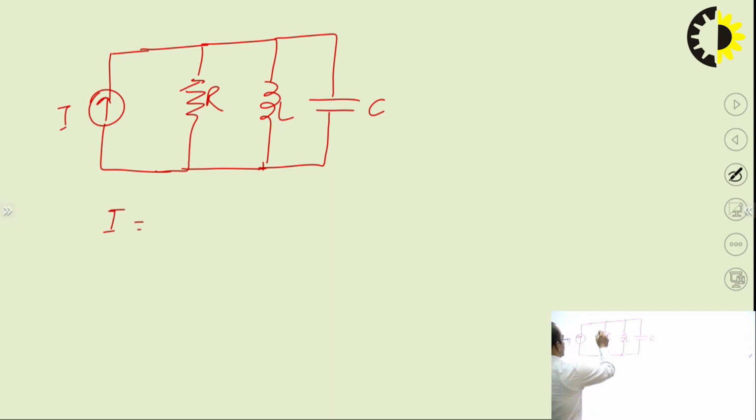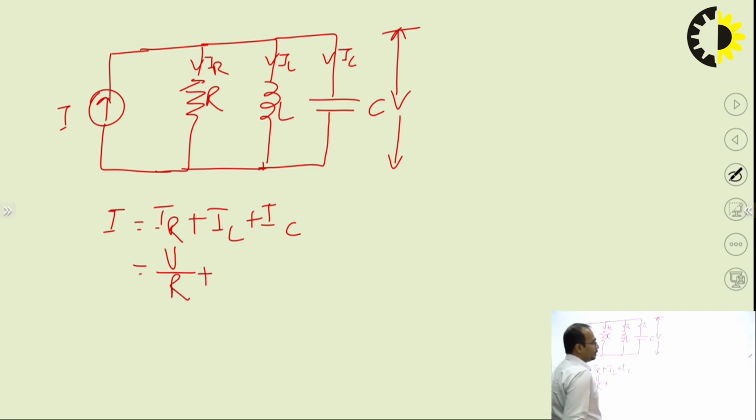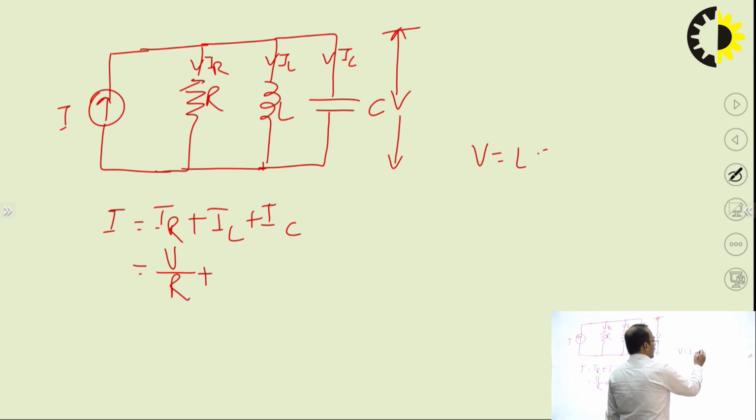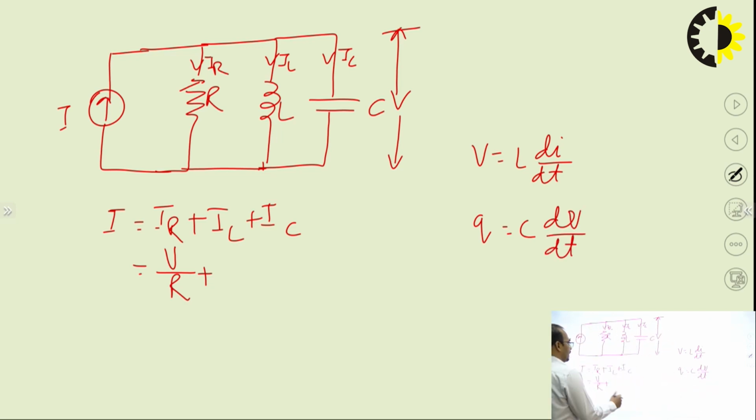I is equal to IR plus IL plus IC. IR is nothing but V by R, since the voltage across each branch is V. I have already told you that V is equal to L di by dt and Q is equal to C V.